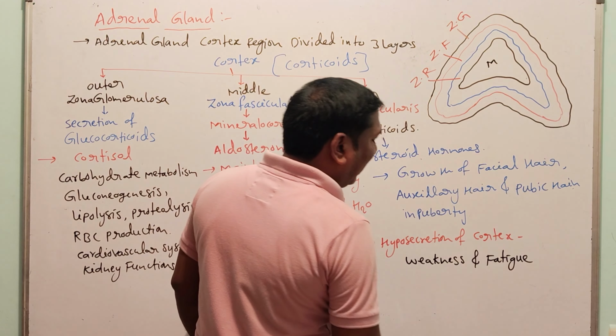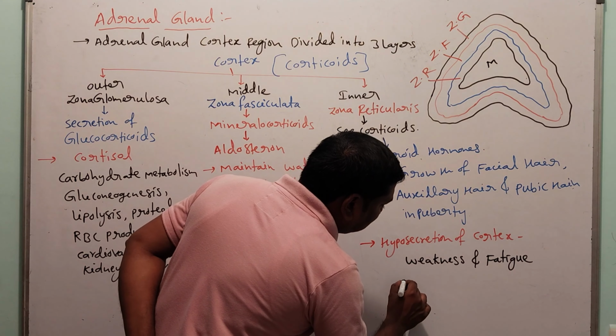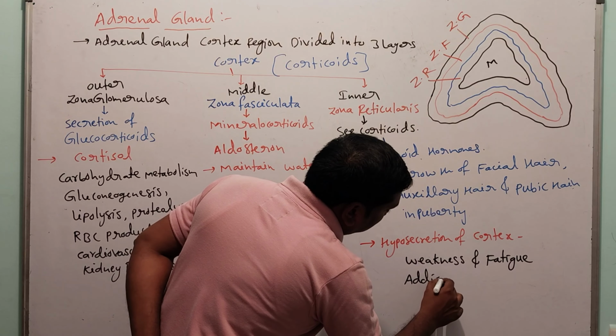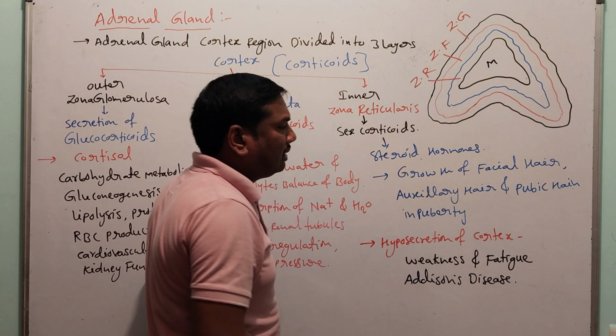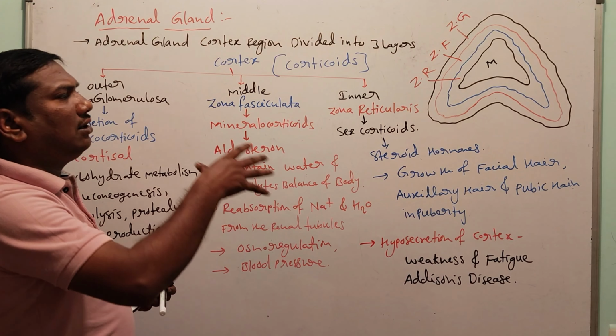It leads to Addison's disease. So these are the adrenal gland cortex region.